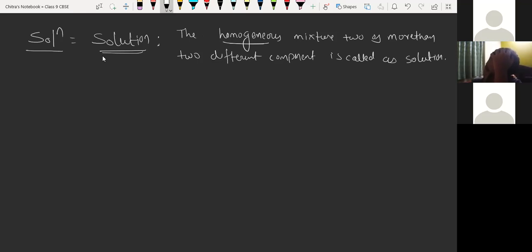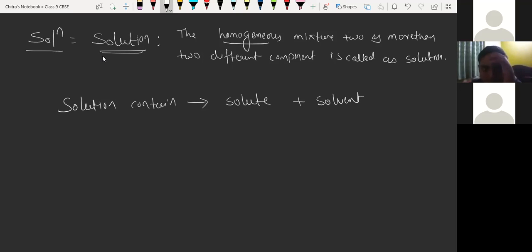So solution contains solute and solvent. Solute and solvent are the components of solution.